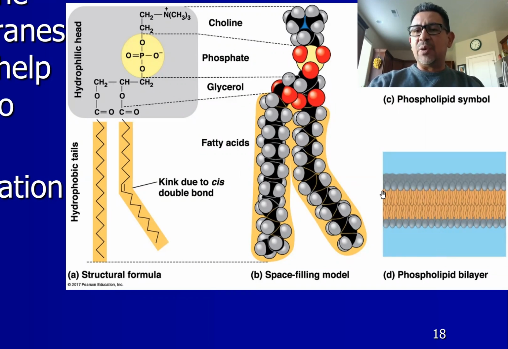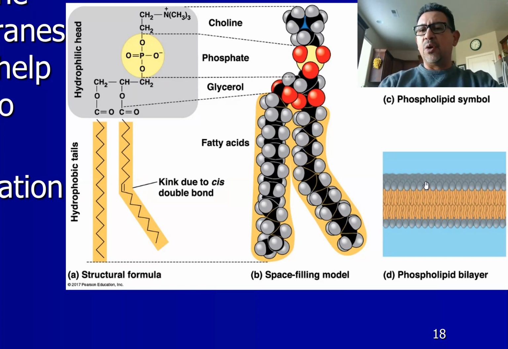Because it's a bilayer, we see one layer of phospholipids up on top of this illustration and another one down on the bottom. Notice how the hydrophobic tails, hydrophobic means water-fearing, these parts are going to be non-polarly bonded atoms, carbons and hydrogens, and because they are not dissolving in water, they're going to be oriented towards each other, where they do have the affinity of combining well with one another.